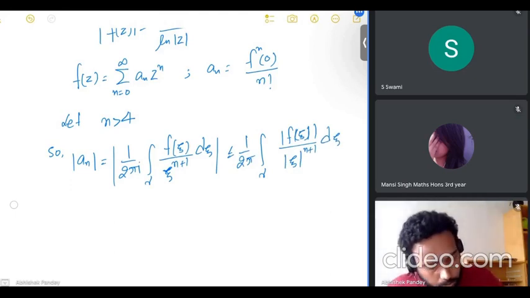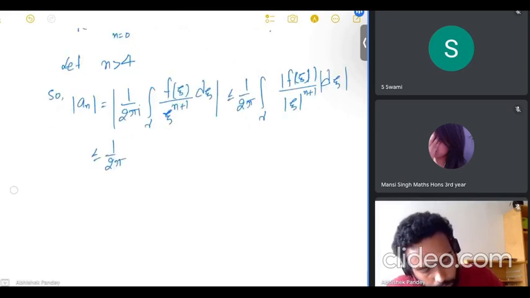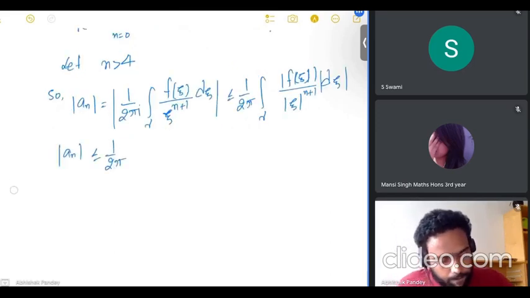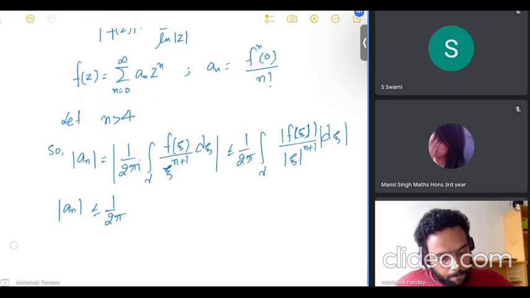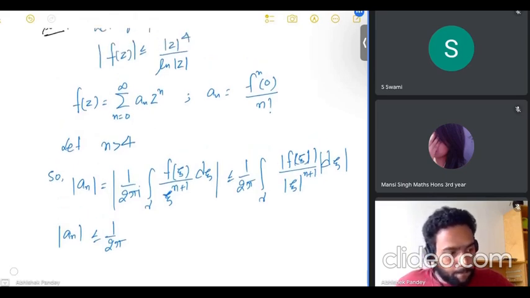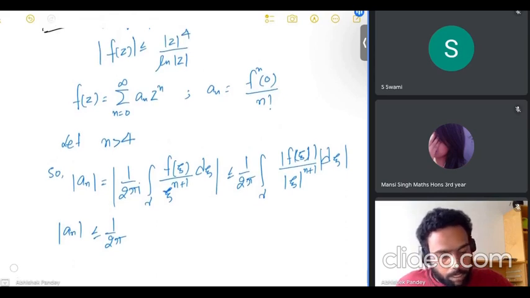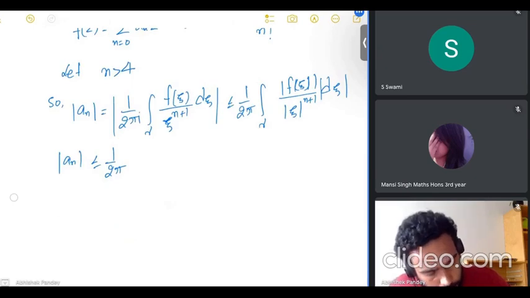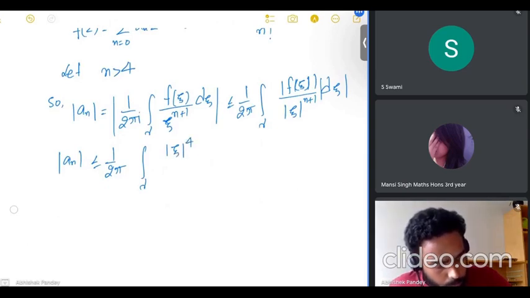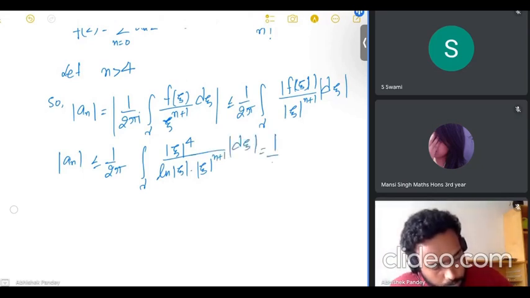So this is less than or equal to 1 upon 2 pi, and f of xi will be mod xi to the power 4 upon ln mod xi, into mod xi to the power n plus 1, mod of d xi.